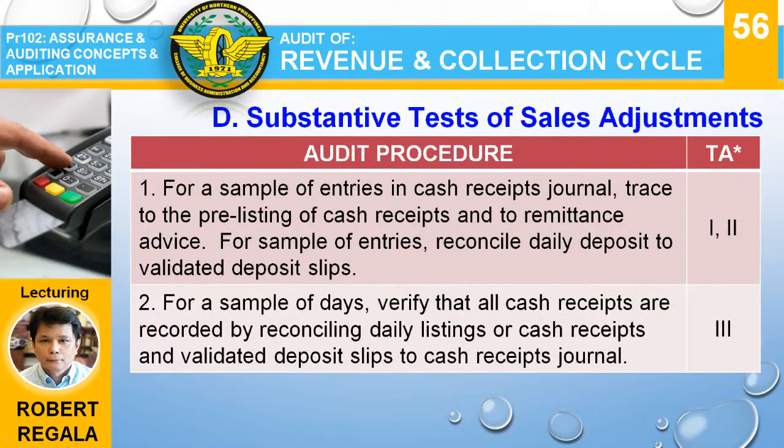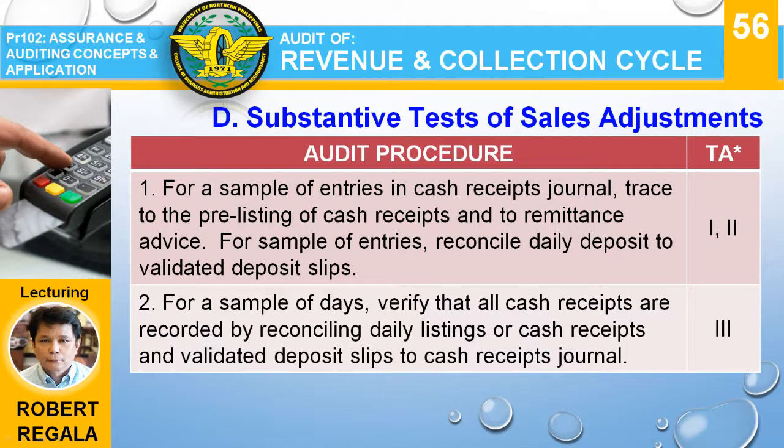Slide 56. The audit procedures that may be used for substantive tests of cash receipts transactions include, but are not limited to, the following. Number 1, for a sample of entries in the cash receipts journal, trace to the pre-listing of cash receipts and to remittance advice.